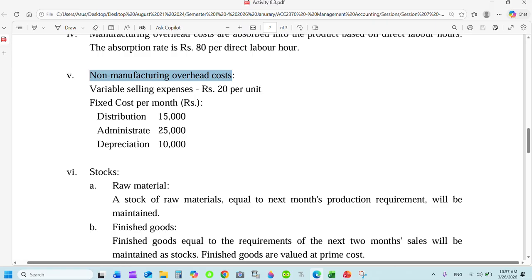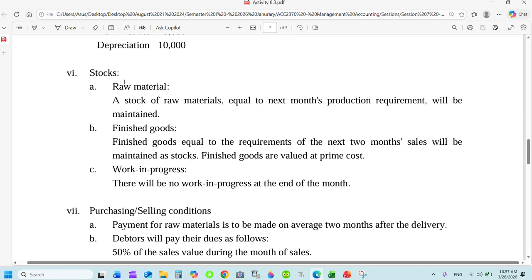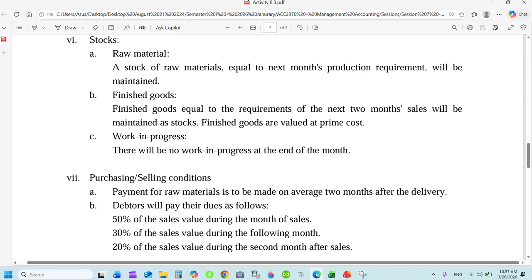So these are fixed costs. Fixed admin cost 25,000, fixed distribution cost 15,000, depreciation relating to non-manufacturing overhead cost per month 10,000.